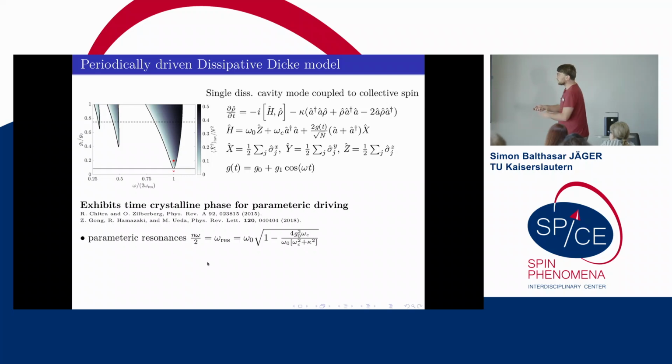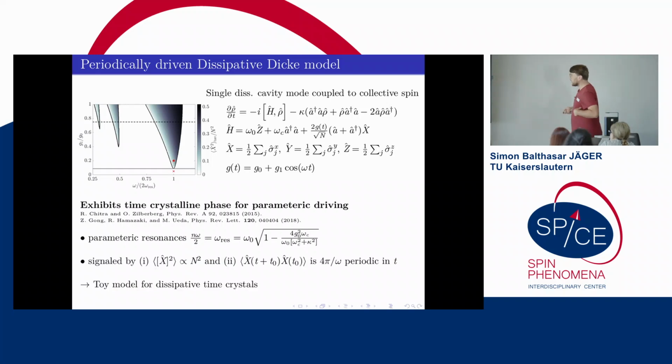And parametric resonances is the underlying effect that was already mentioned here. So what you always try to do is create pairs of the underlying matter. This happens whenever an integer multiple of the driving frequency is twice the resonance frequency. So that means each quantum of the driving frequency creates pairs.